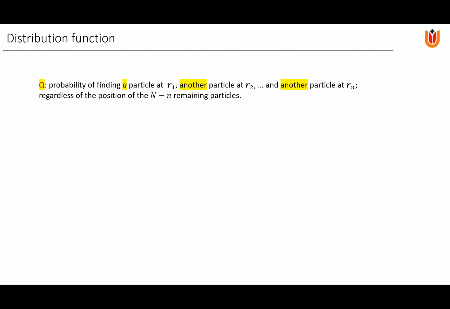It's probably a more interesting question to ask, without labels for the particles, just the probability of finding any particle at R1, another one at R2, and yet another one at Rn, etc., regardless of the position of the remaining ones. So basically, get rid of the particle labels.